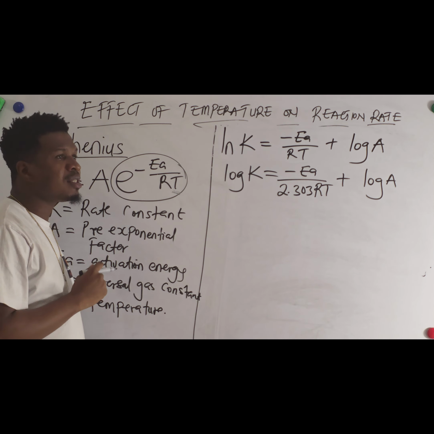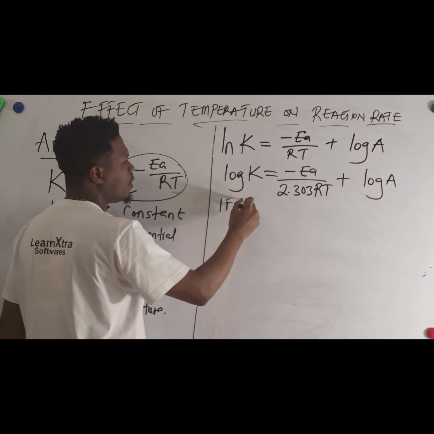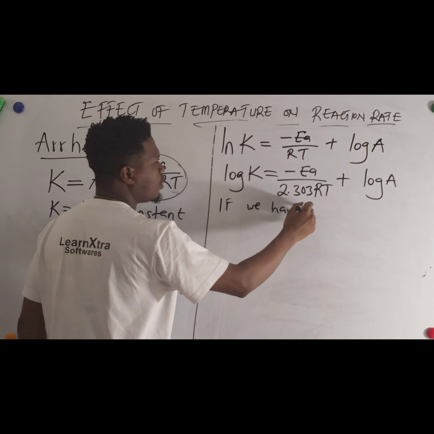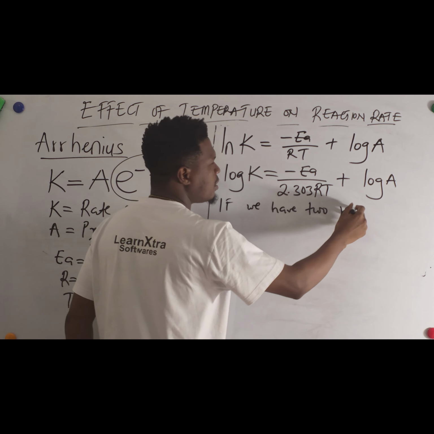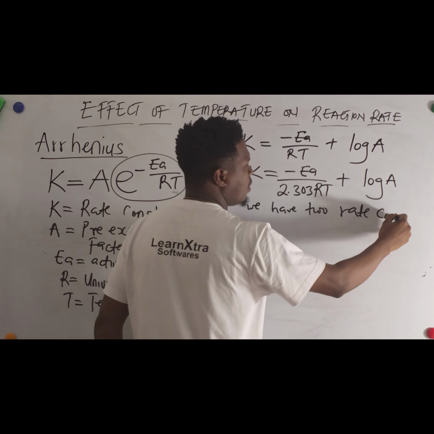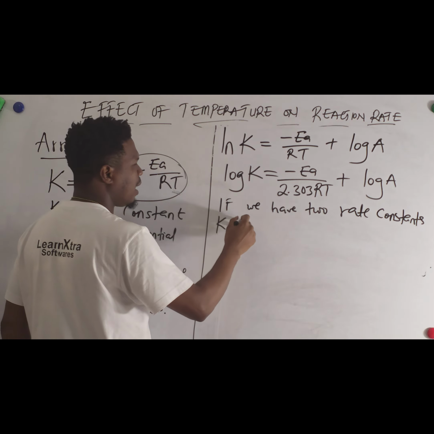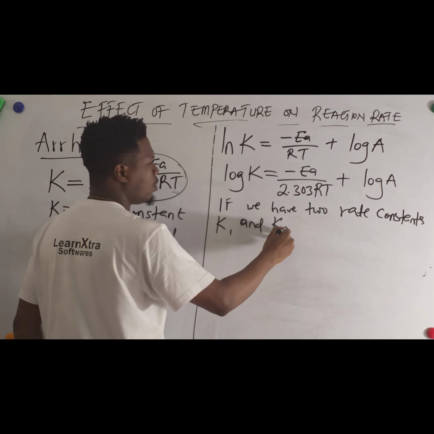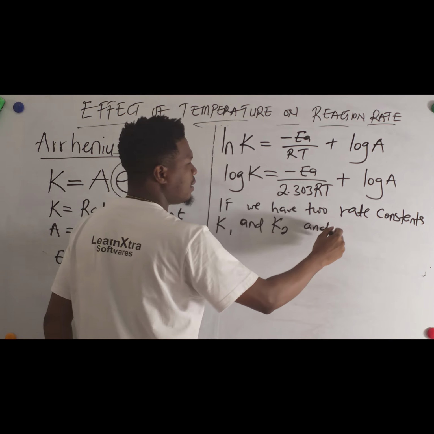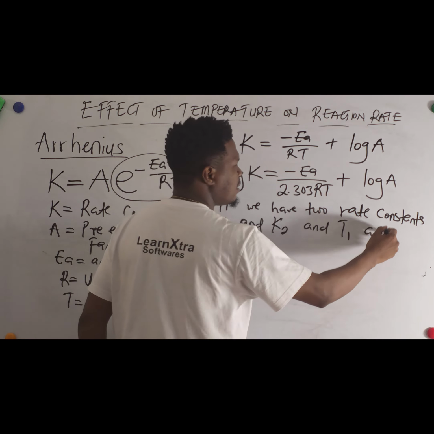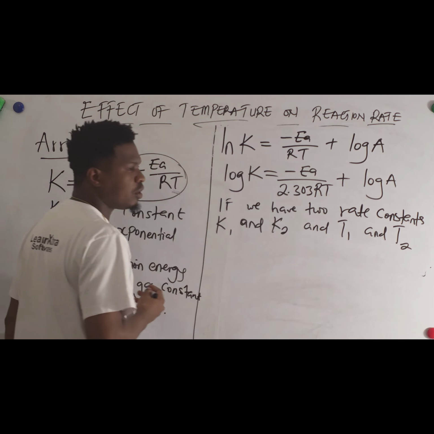Now we are going to consider that if we have two rate constants, k1 and k2, and T1 and T2, that is different temperatures.